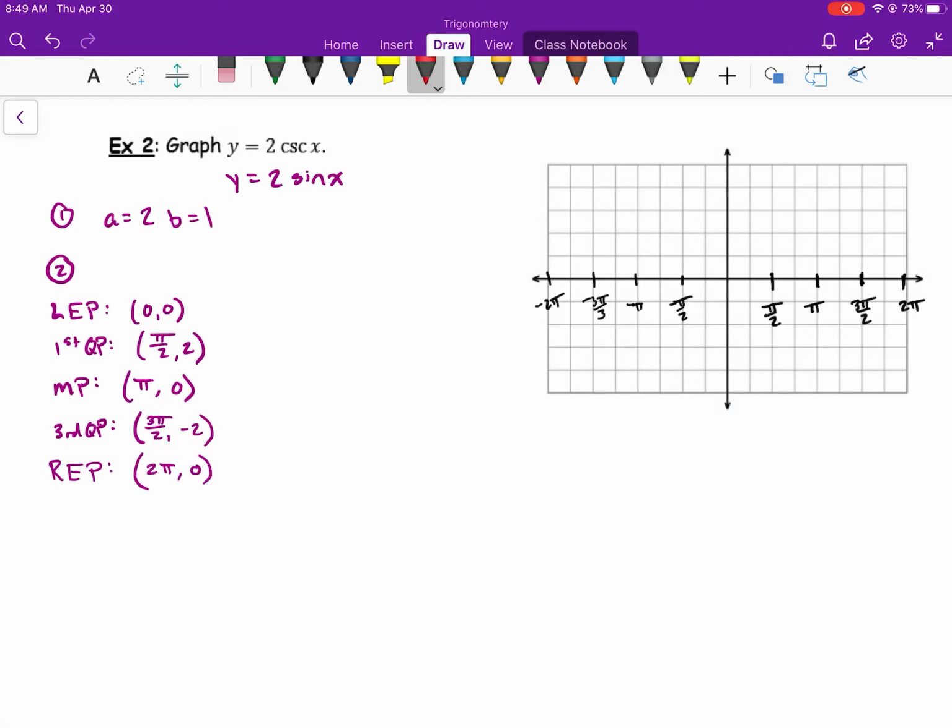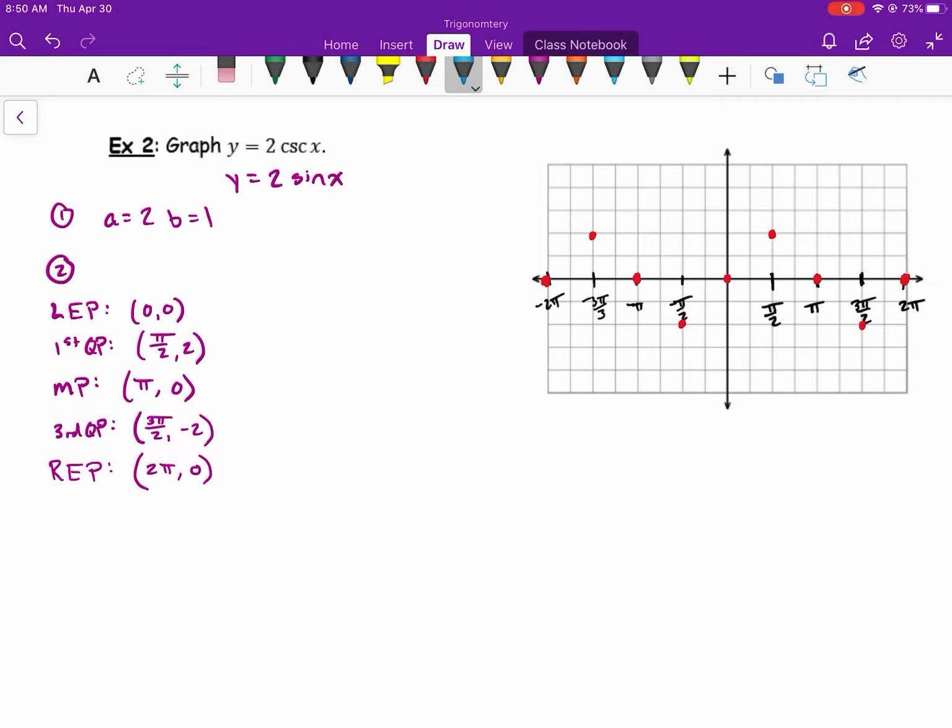Alright, plot my points. The only thing that's different here is my amplitude is higher. So I'm going to go up 2, down 2, down 2, up 2, down 2, up 2, up 2, down 2.